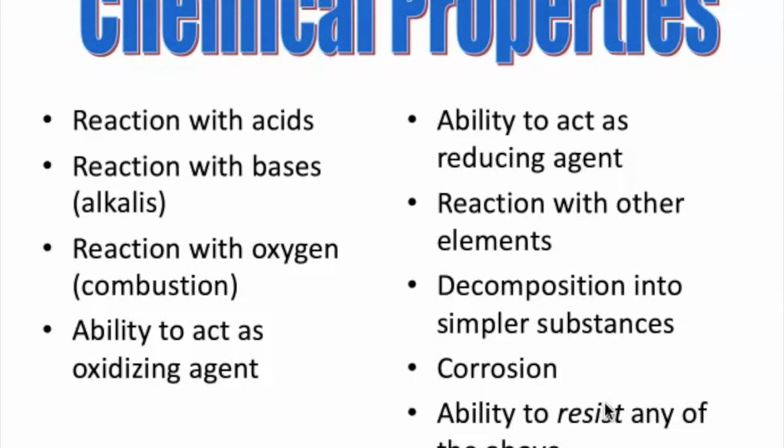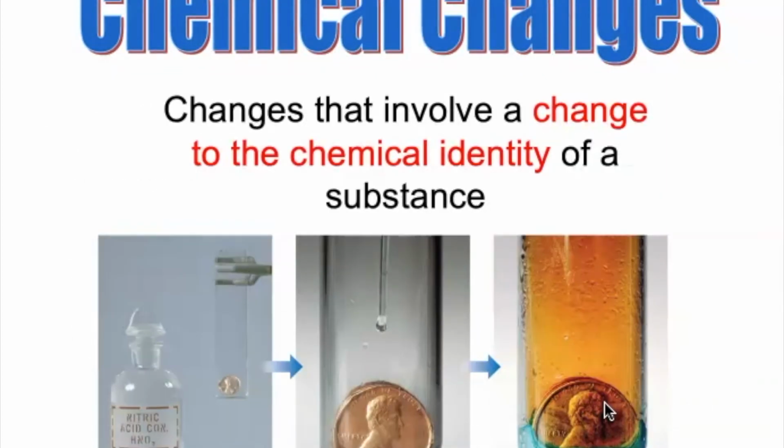As you might guess, there's also this idea of chemical change. When you do a chemical change, you actually change the chemical identity of a substance. This is really where you get the wow factor in class. Here's an example of a penny, and you combine it with some sort of acid, and then a bunch of orange stuff starts bubbling out that you really don't want anywhere near you, and then the penny turns blue.